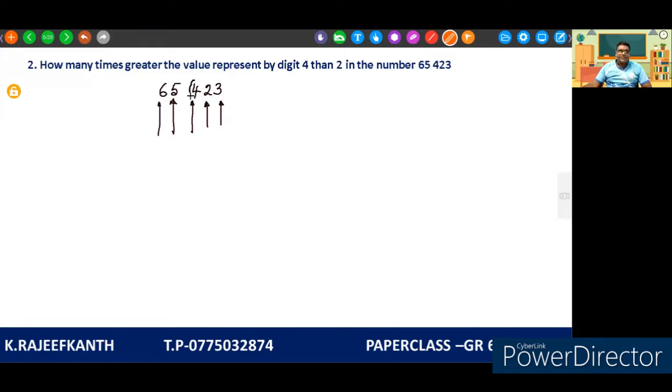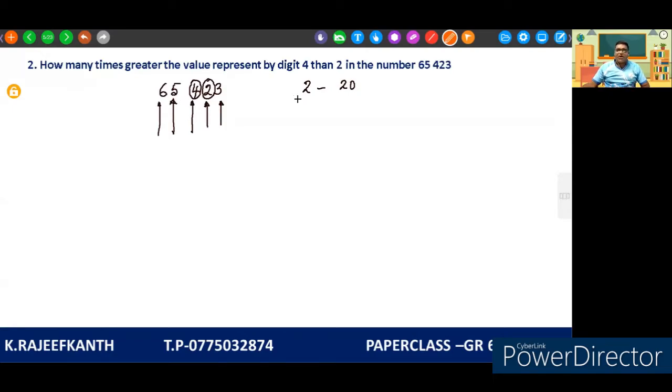So then we have to find the value of this 4 and 2. Here the place value of this 2 is 10s. So there are 2 10s, then the value of 2 is 20. Here the place value of 4 is hundreds.